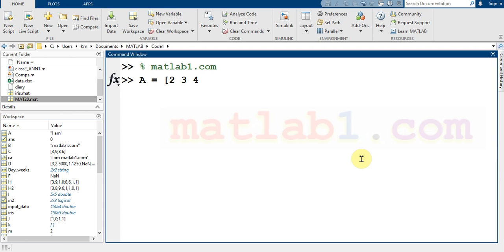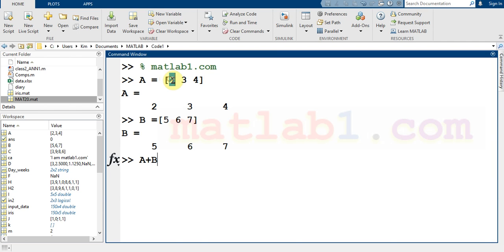Suppose that you have a simple matrix A and B. They have the same number of columns. If you write A plus B, then the corresponding elements in these two matrices are added.